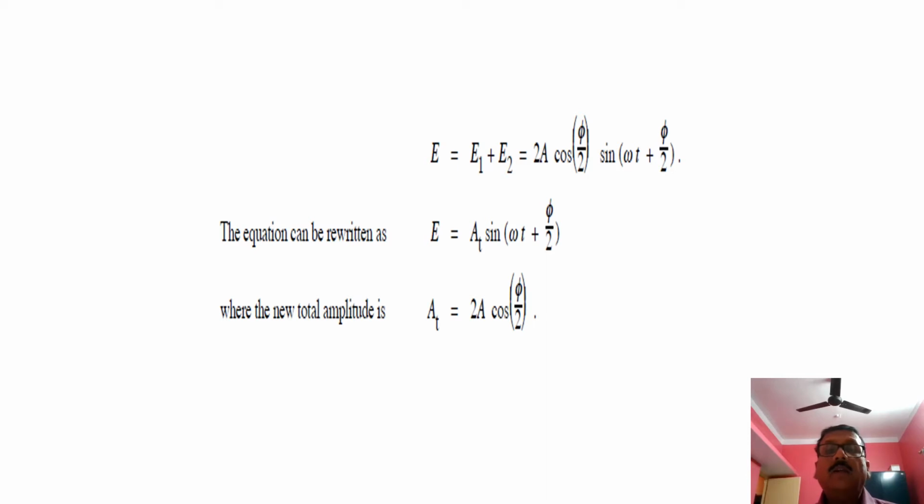Here AT is used in place of 2A cos(phi by 2). That means the new total amplitude AT is equal to 2A cos(phi by 2).